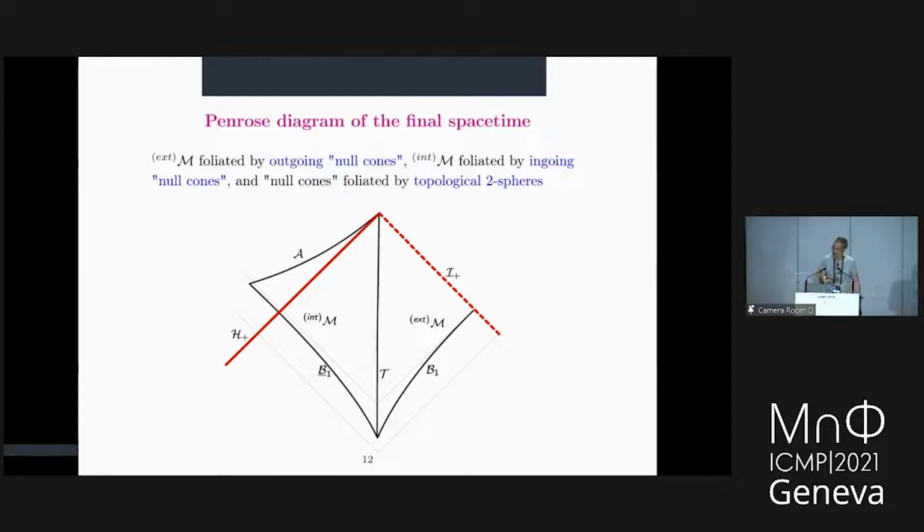If you look at its level sets, it gives you cuts on the cone. In other words, level sets of this function R will give you topological two-spheres around the cones. So it's really like in the picture of Schwarzschild you would have in mind. You have null cones, and constant R is going to slice my null cones in topological two-spheres. These are not actual two-spheres, especially in perturbations, but they have the topology of two-spheres.